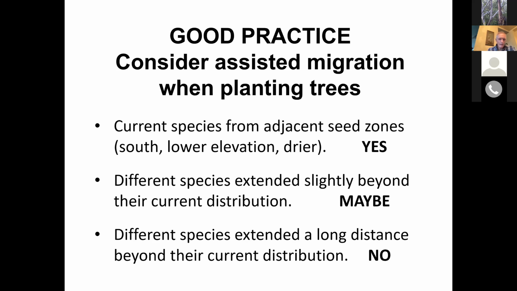At the current time, I don't recommend planting trees long distances from where they currently exist. So, going down and planting maybe sugar pine from California or incense cedar from California, something like that. They might indeed survive. We know they do survive when people plant them, but I don't think I would want to plant 100 acres of them or do this at a large scale.